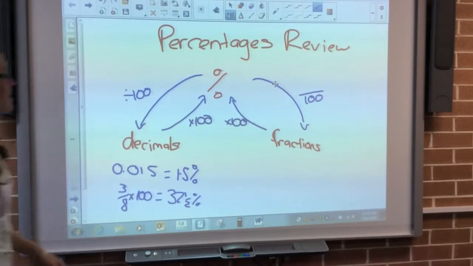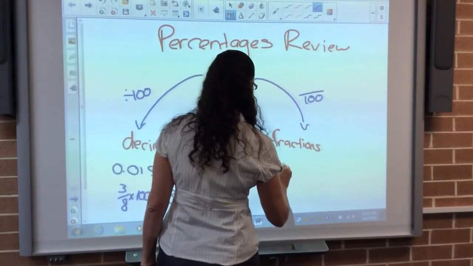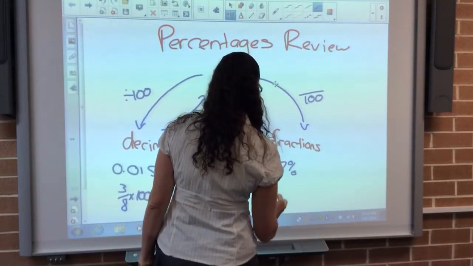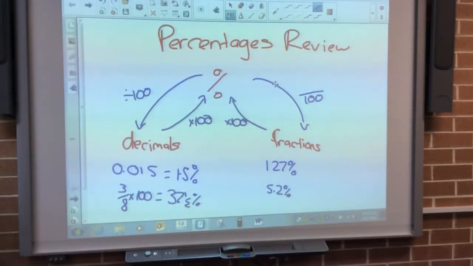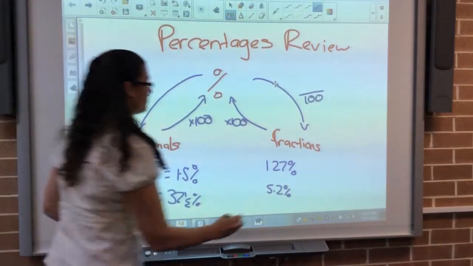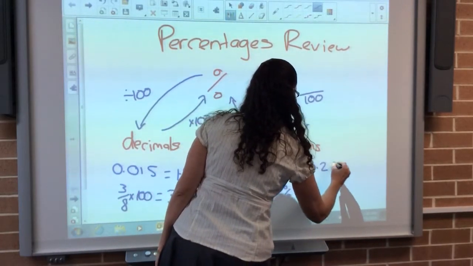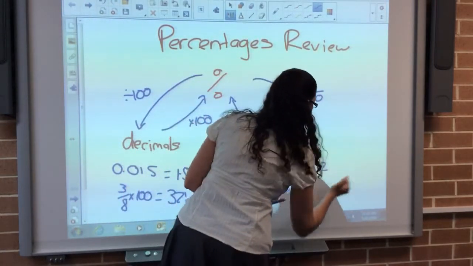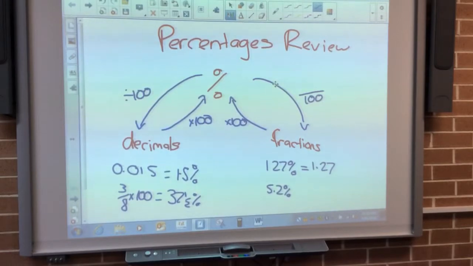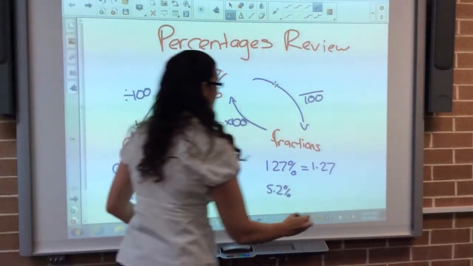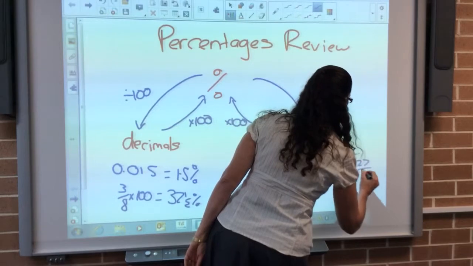Alright, say I had 127% and 5.2%. Alright, those two, I want to make them decimals and fractions. So 127%, what's that as a decimal? 1.27? That is not a 7, is it? 127%, what is that as a fraction? 127 on 100.